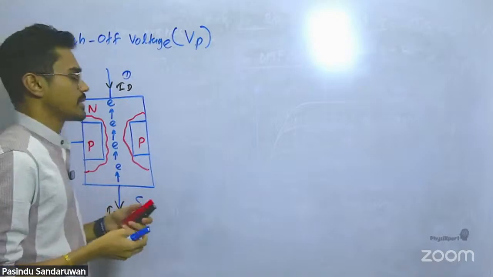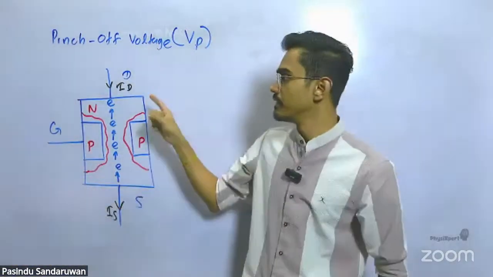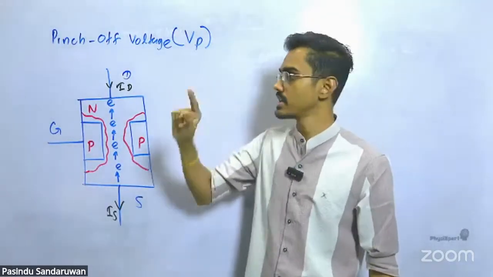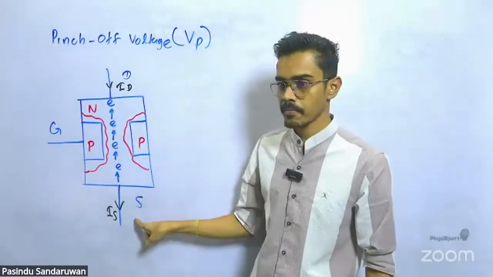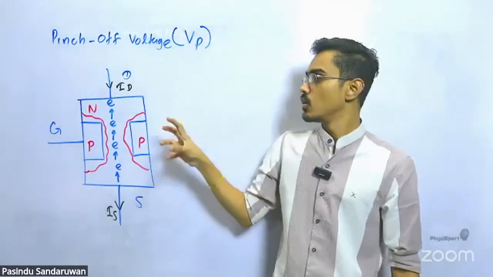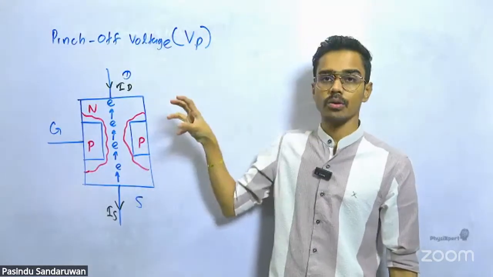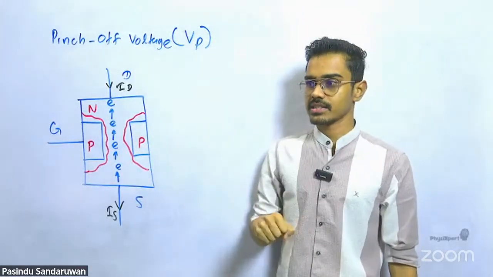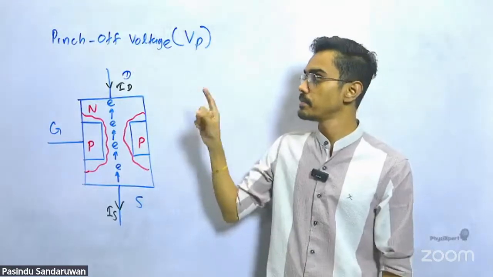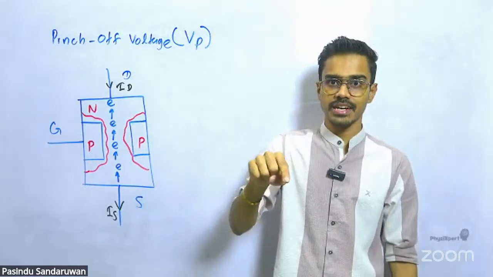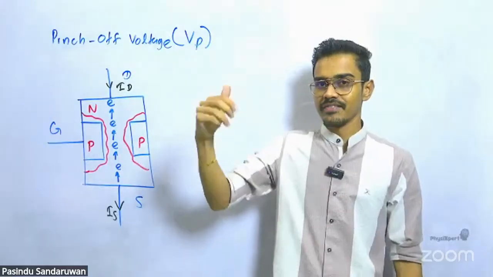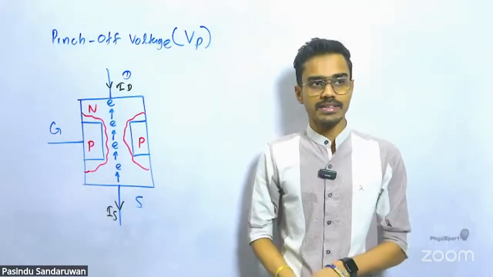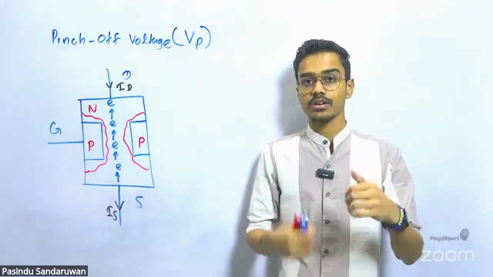Now what happens is when you change the voltage between D and S, this voltage difference across the PN junction changes. That reverse biasness increases. When reverse biasness increases, the depletion region grows.